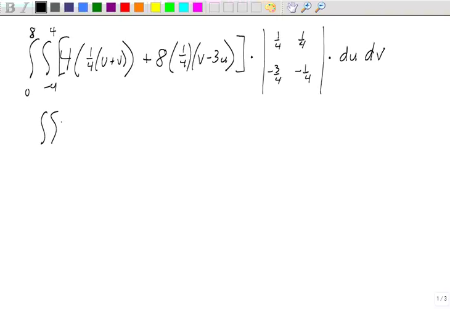Okay, so we're integrating u plus v plus 2v minus 6u. Okay, this is minus 1/16 plus 3/16. Let me check something.